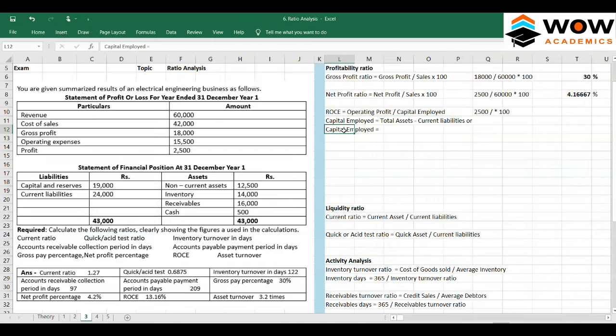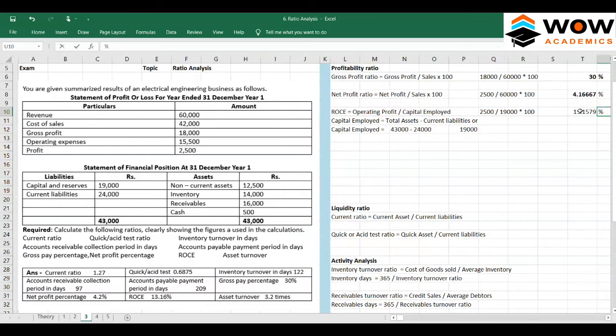So capital employed would be total assets, which is here 43,000, minus the current liabilities. So current liability is 24,000. So we can get the capital employed. So capital employed is 19,000. So this is a percentage number.